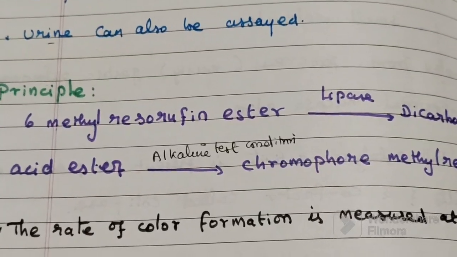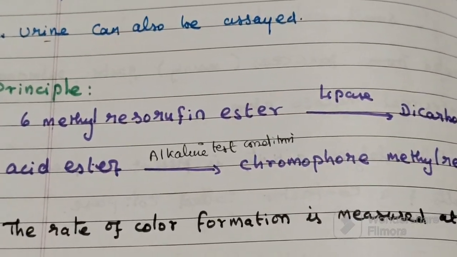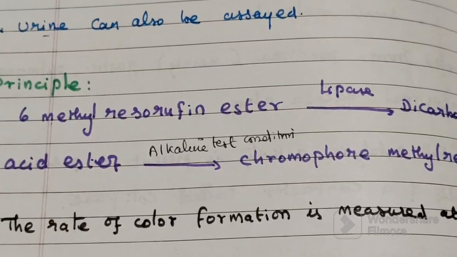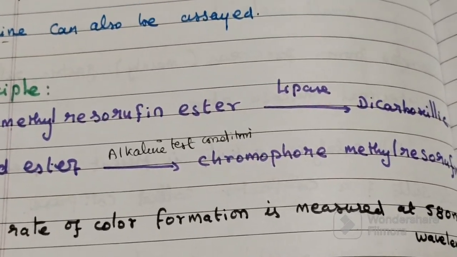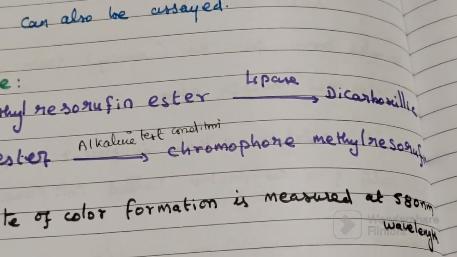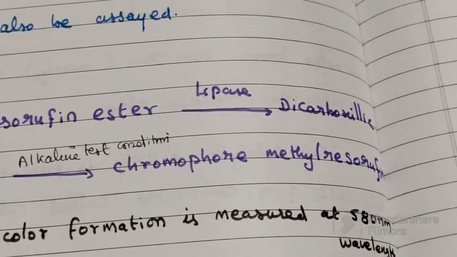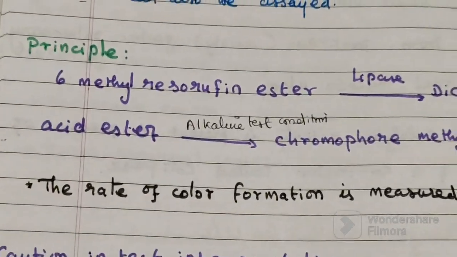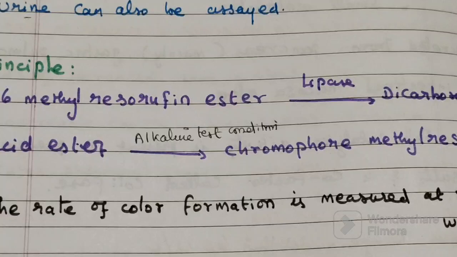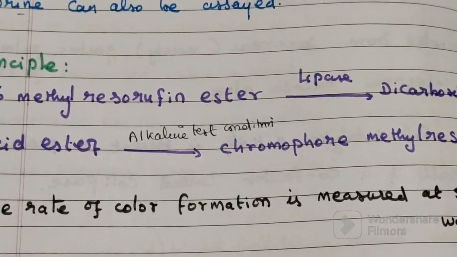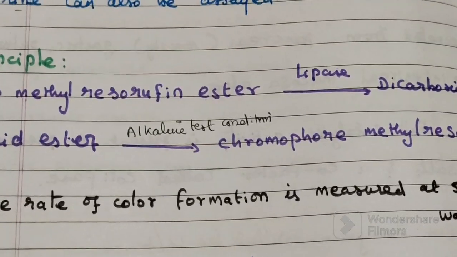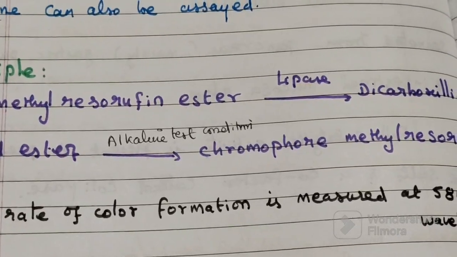Next, what is the principle? 6-methylresorufin ester is hydrolyzed by lipase to give dicarboxylic acid ester. Then this is acted upon under alkaline test conditions.